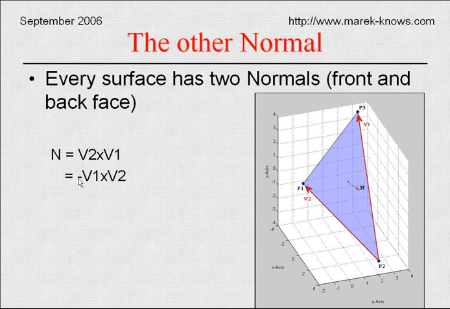There's actually a minus sign difference between the 2. So once you have one normal, you can just take the negative of it to get the other normal on the other side. And since we're going counterclockwise, we're always doing v1 cross v2 to get the normal on the front face. If we wanted the normal on the back face, we could either calculate V1 cross V2 and take the minus of it, or just calculate V2 cross V1.